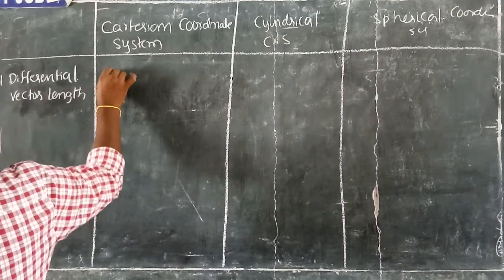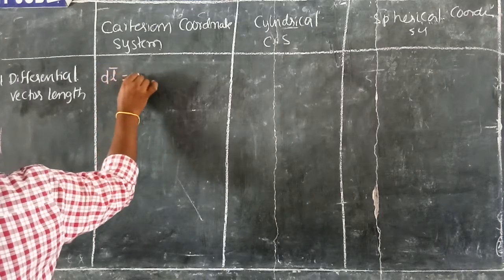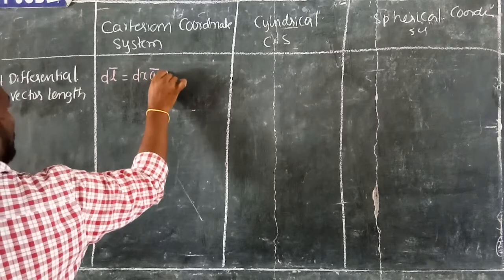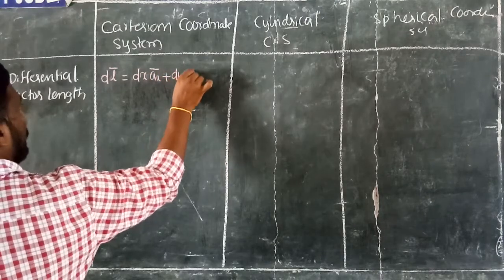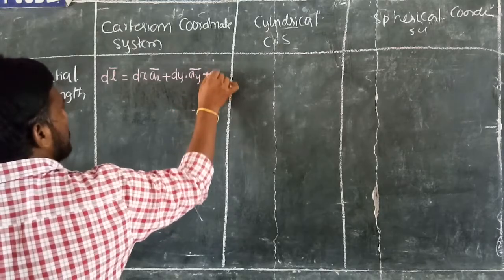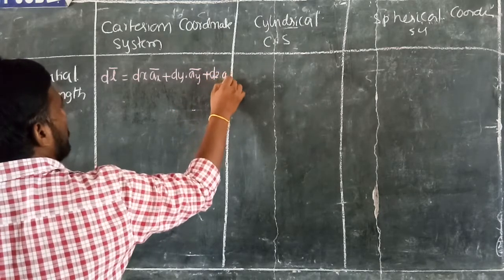It is dl bar is equal to dx into ax bar plus dy into ay bar plus dz into az bar.